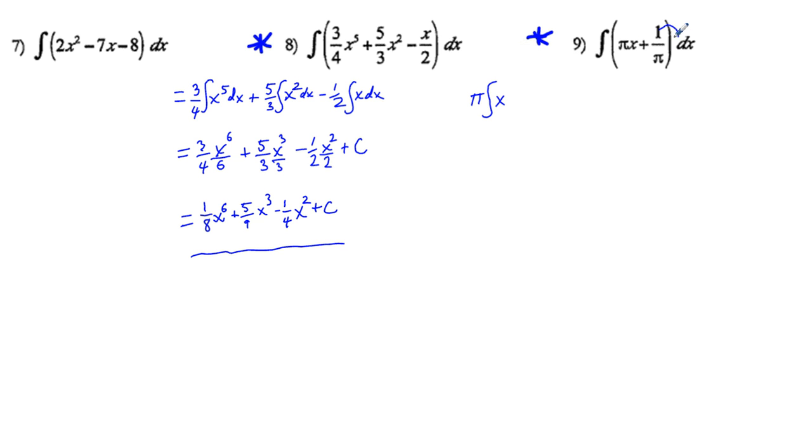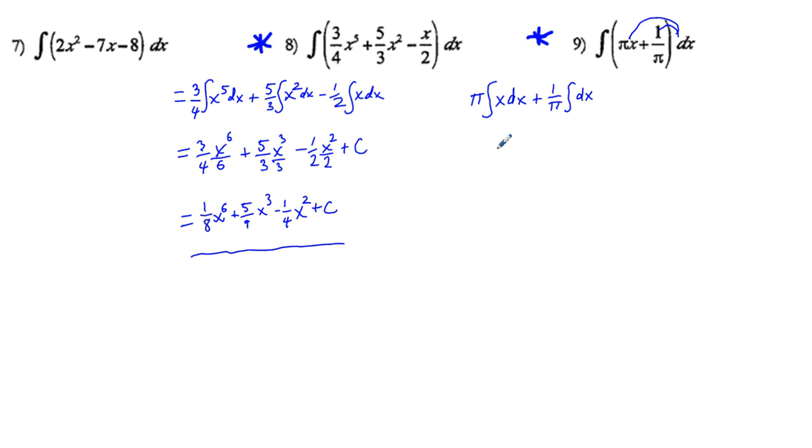We distribute this dx, right? x dx, and then plus, we're going to have 1 over pi. Well, 1 over pi is also a constant. So we have 1 over pi times the integral of 1 times dx, which is dx.